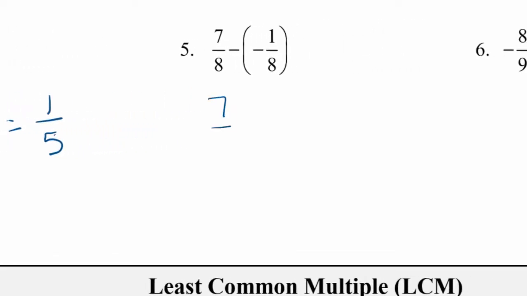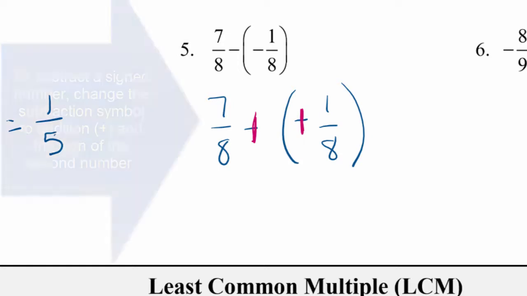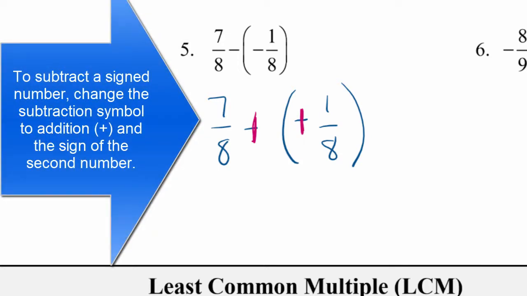In problem number 5, notice how we're subtracting a negative number. So oftentimes when we have a subtraction of signed numbers like this, we will rewrite and we will change this subtraction sign to a positive, and then we'll change the sign that follows to the opposite. So subtracting a negative is equivalent to adding a positive.